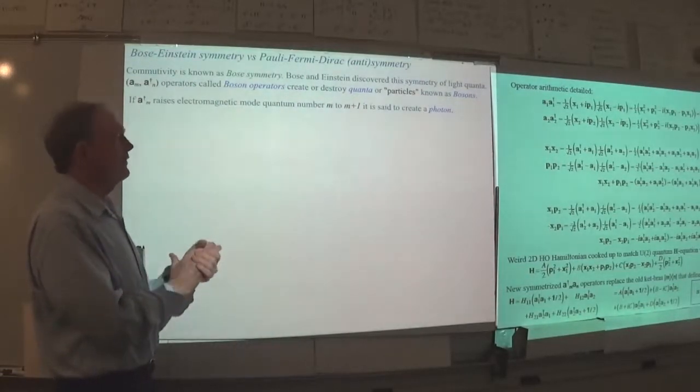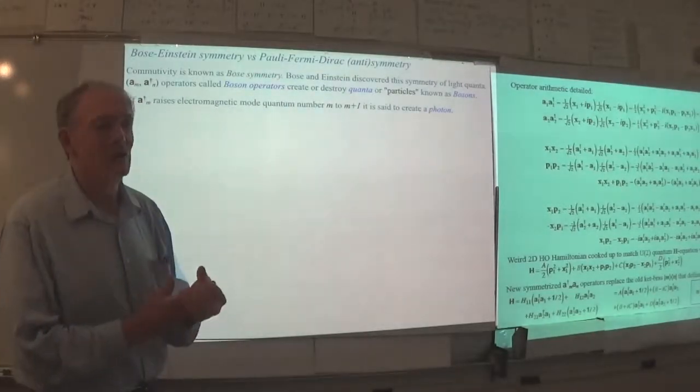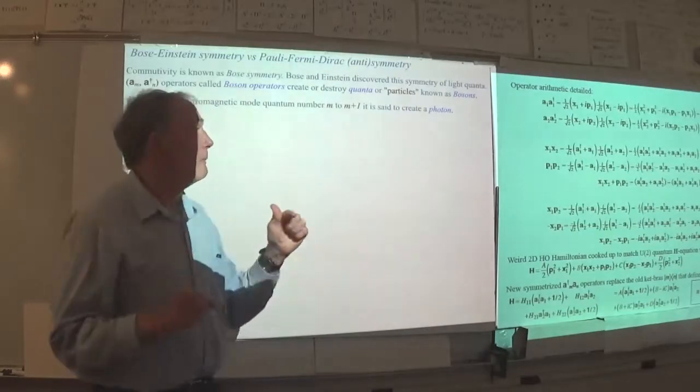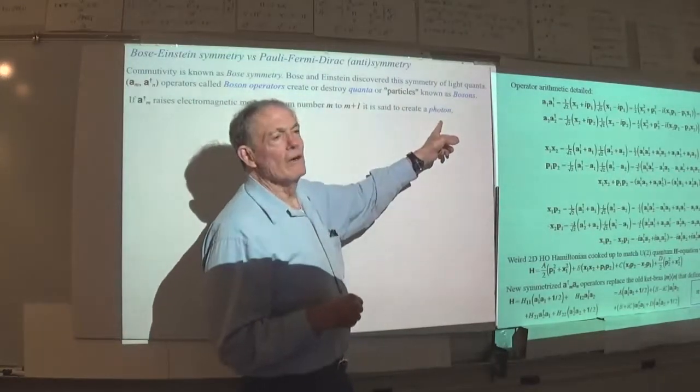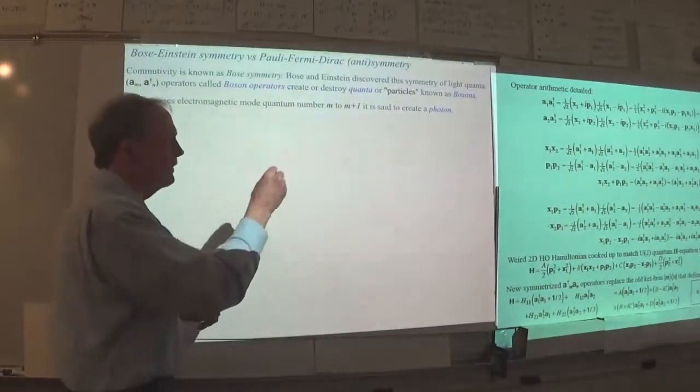Operator number states. Fock states is actually the name in field theory when you're keeping track of the number of these bosons, whatever you happen to be working with. That's called Fock space when you're counting.